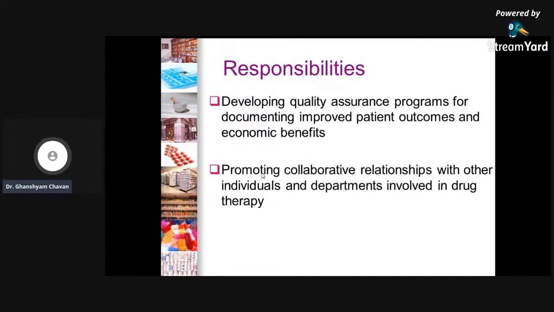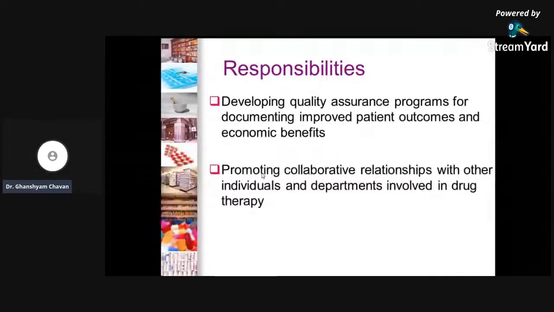Next is developing quality assurance programs for documenting approved patients' outcomes and economic benefits. It is necessary that we develop QA programs, because whatever clinical trial we are doing, whether it is producing any outcome or not, whether it is cost effective or not, we should find out its quality and its outcomes.